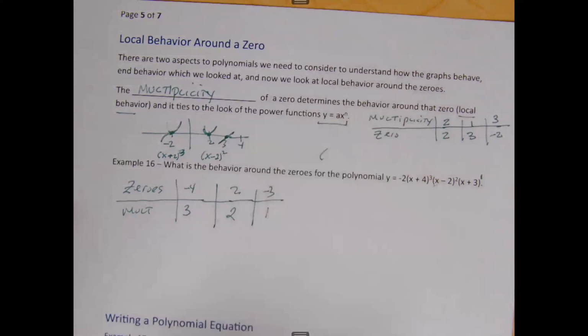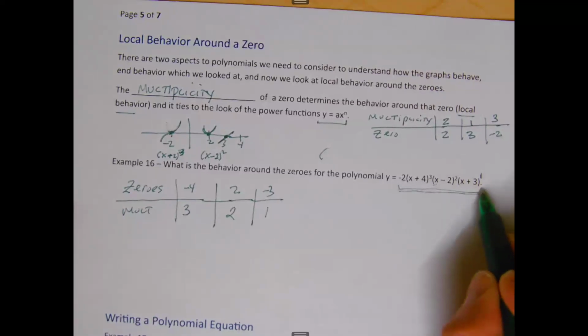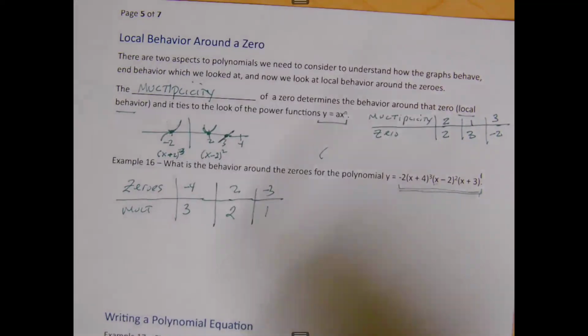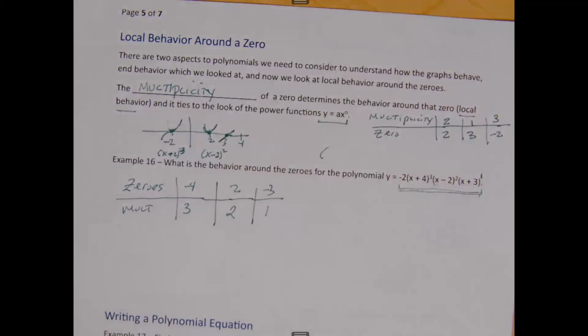To determine the multiplicities, we need to have the polynomial in factored form. But that is all that happens: we look at the multiplicity and determine how the graph is going to behave around that zero.